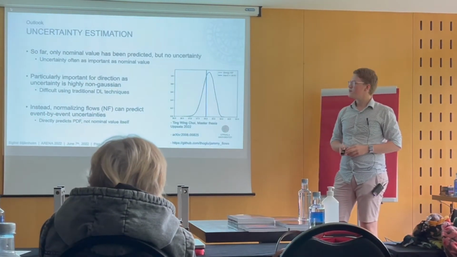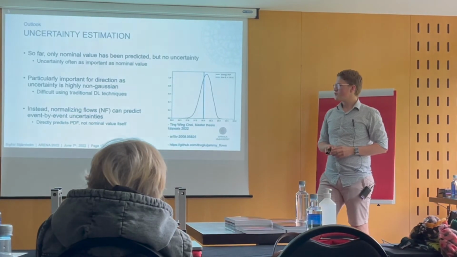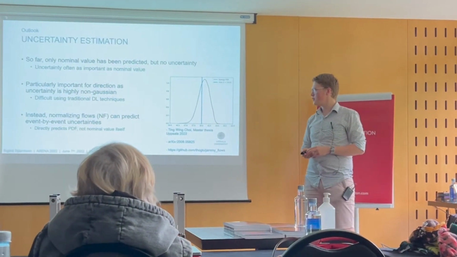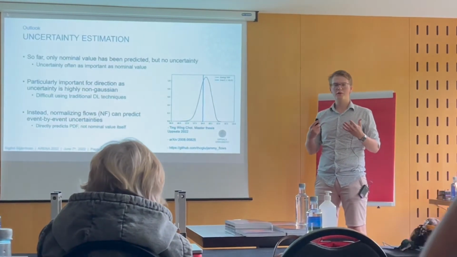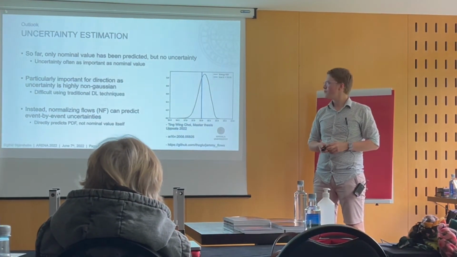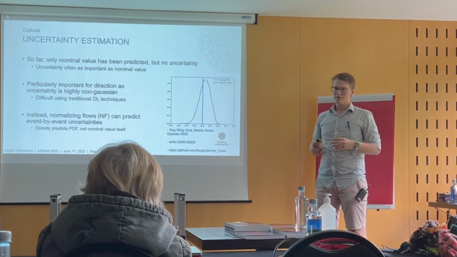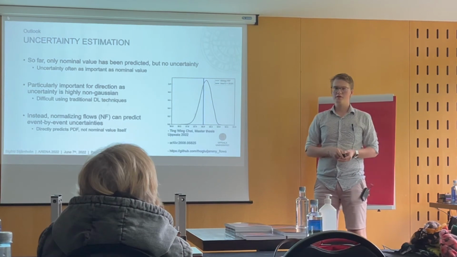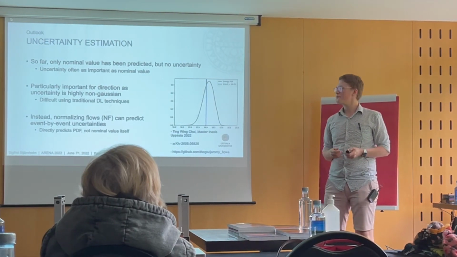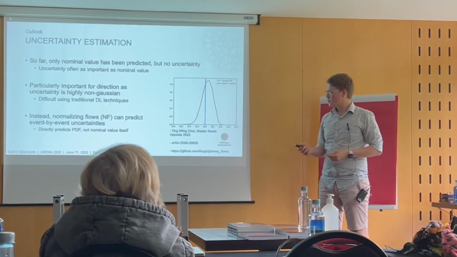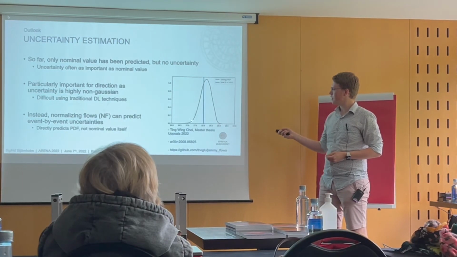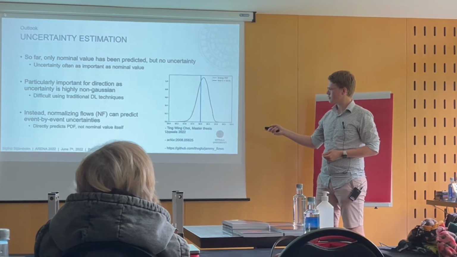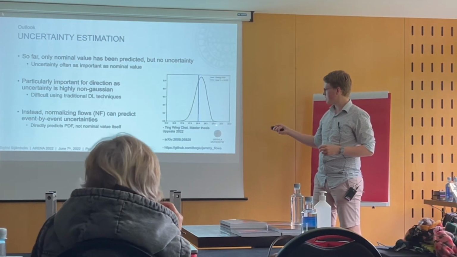traditional deep learning techniques. So instead, we could do something called normalizing flows, which is again one of these buzzwords in neural networks, and you can predict event-by-event uncertainties using this. So instead of predicting the nominal value, like the energy or the direction, it predicts the probability density function instead, which is very cool. To the right here, we have an example. This is just a plot with the energy on the x-axis.